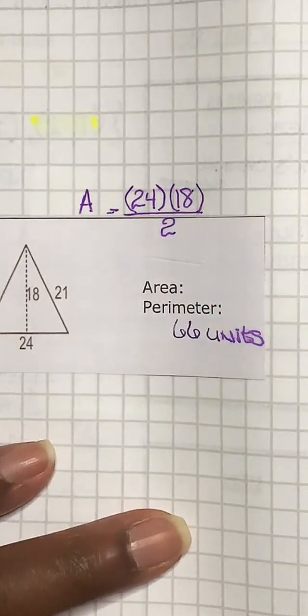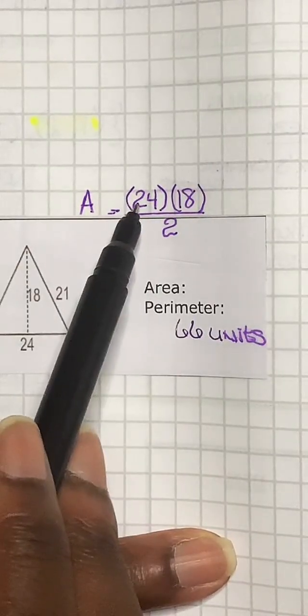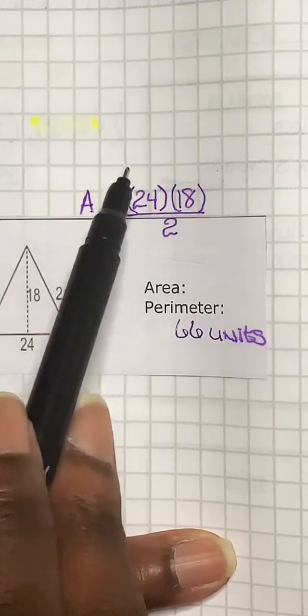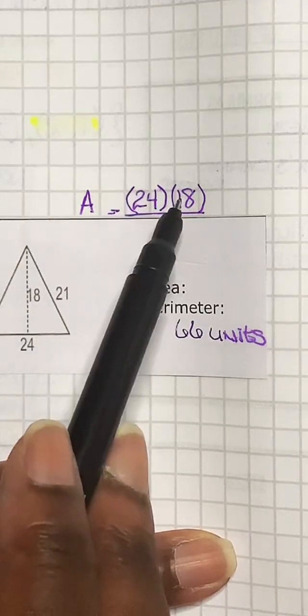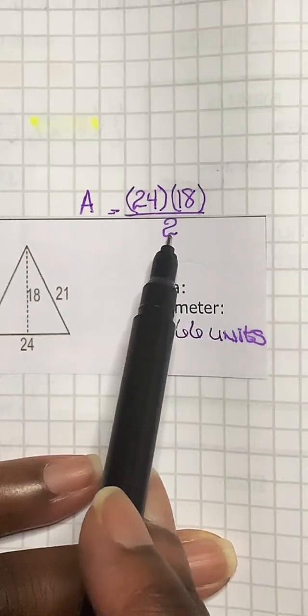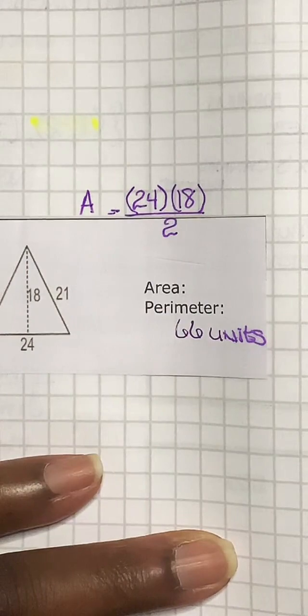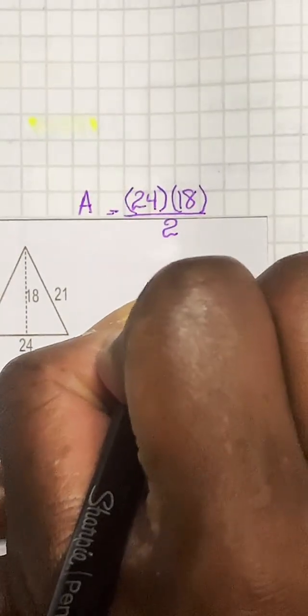So you can take this one of two ways. You could divide the 24 by 2 to get 12 and then multiply 12 and 18. Or you can divide the 18 by 2 to get 9 and multiply 24 times 9. Either way, you are going to get 216 squared units.